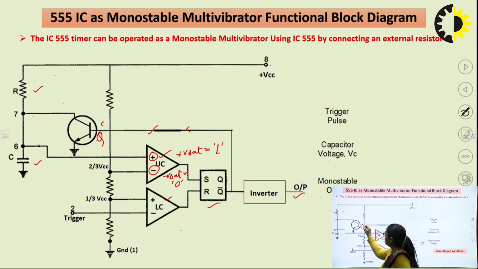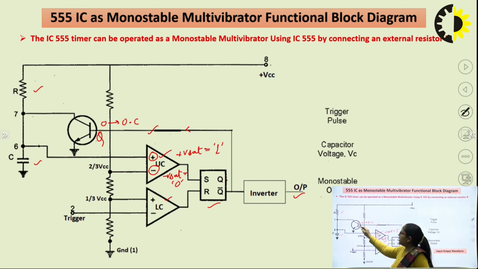So, if 0 is the output of this flip flop, that is, if Q bar is 0, then 0 will appear at the base of this transistor. If 0 is appearing at the base of transistor, the transistor will behave like open circuit. What is logic 0? Basically, it is like the low voltage.